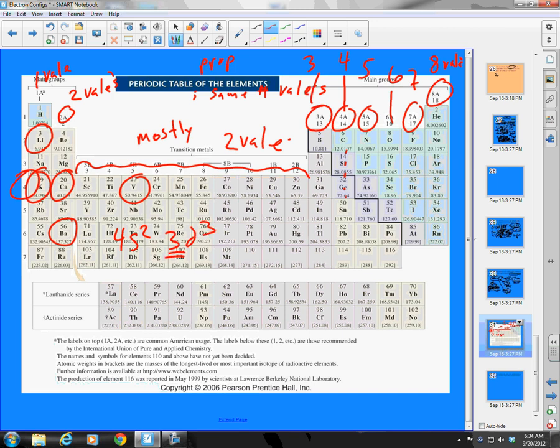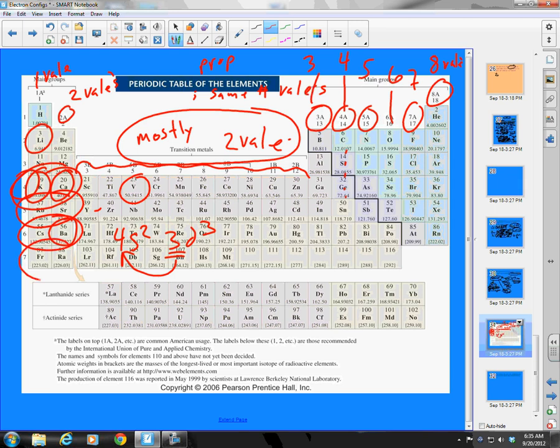Remember, my D's are always going to be 1 energy level less than my S's, so for the most part, all my D's are going to have 2 valence electrons because the electrons are always going to come out of the S first, before they come out of my D's. Okay, so that's the hint for your periodic table.